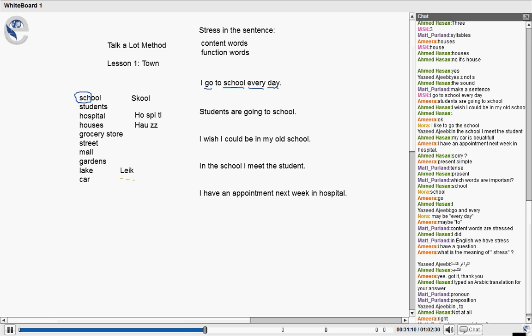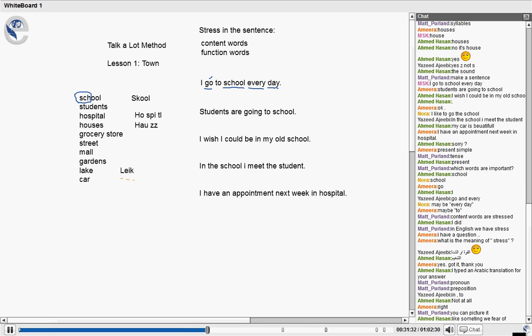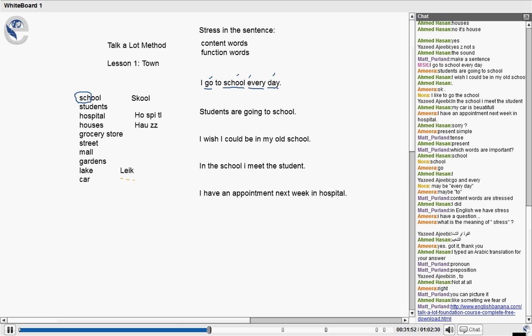Content words are things that we can see. We can imagine this, but a preposition on its own has no meaning. Okay, I go to school every day. Every is two syllables, but we would stress the first. School every day. If you want to read more about this, you can find a lot of information in my book, the Talk a Lot Foundation course. And there's a lot of stuff here.